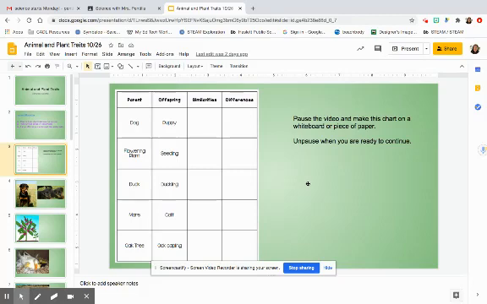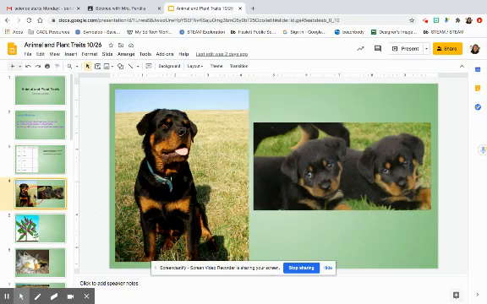Okay, welcome back. We are going to take a look at the next couple of slides of some parent and offspring, and we're going to look at some similarities and differences. So we have a dog and a puppy, and I want you to write something that you notice is similar and something that you notice is different.